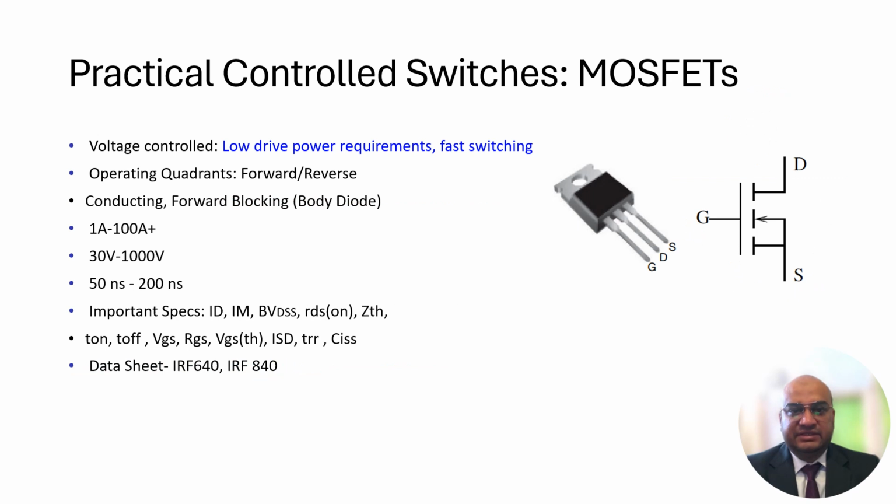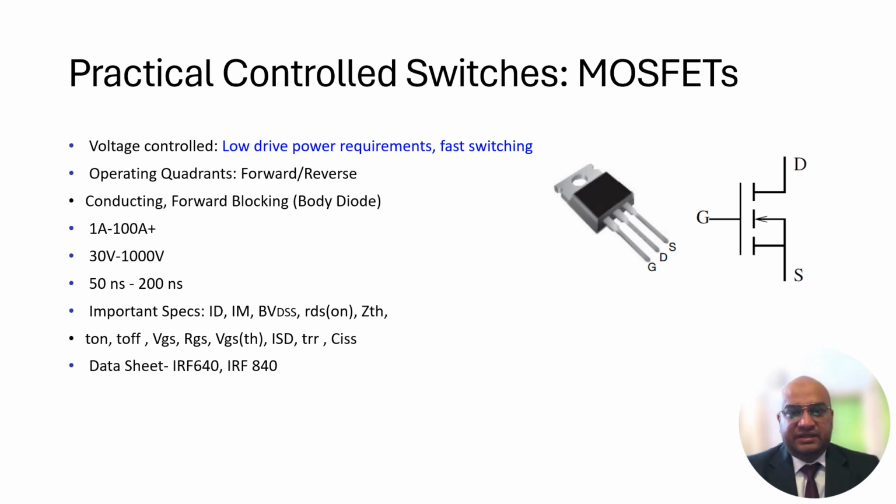Next is another practical switch which is termed as MOSFET, a three terminal device represented by G, D and S, where G stands for gate, D stands for drain and S stands for source. This is a voltage control device which offers low drive power requirement and fast switching, and operating quadrants are forward and reverse. It comes in the range from 1 to 100 amperes, 30 to 1000 volts.